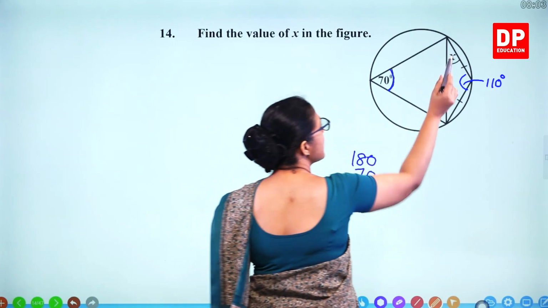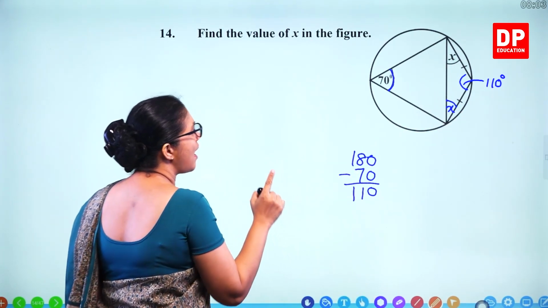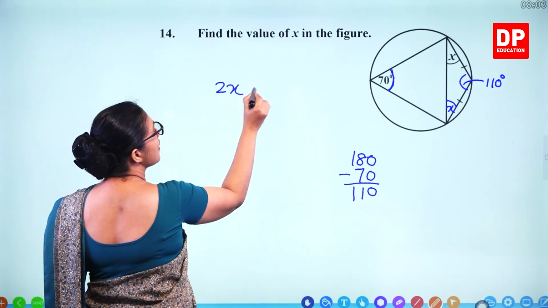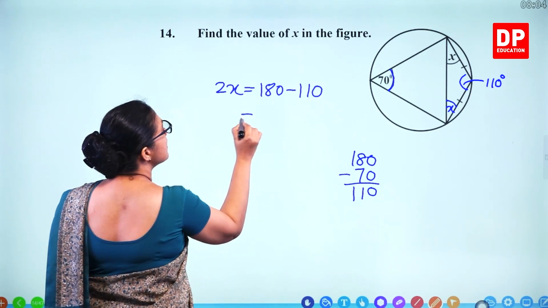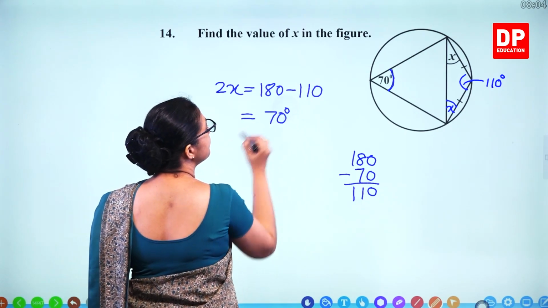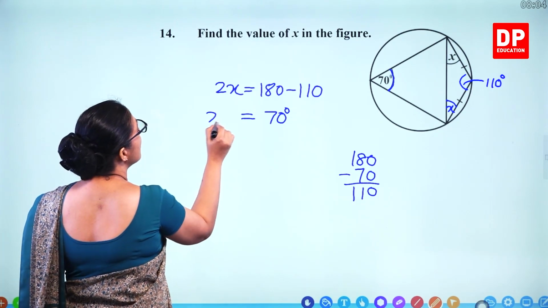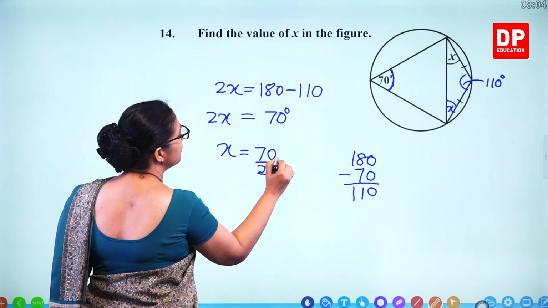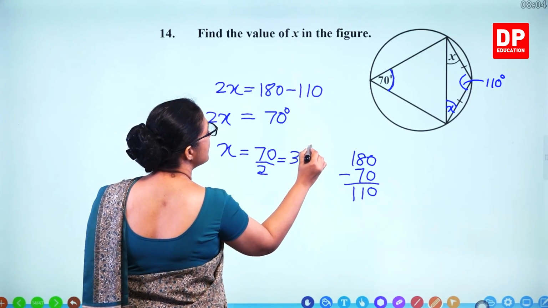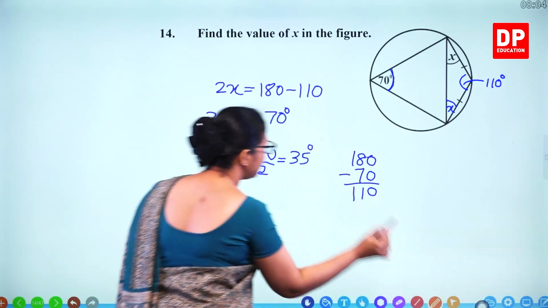Then if this is x, this is also x. So 2x becomes 180 minus 110. That's 70. So what's x? You divide by 2. 35 degrees. So you get 2 marks for that.